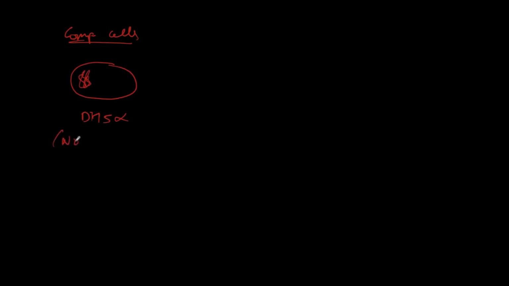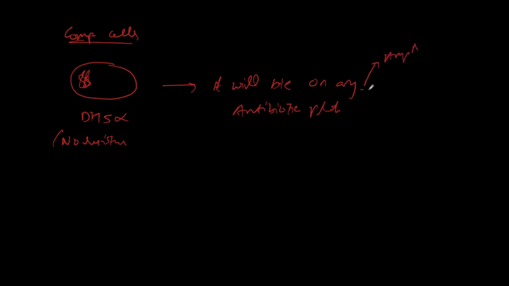DH5 alpha has no resistance, so it will die on any antibiotic plate. You can grow it on ampicillin, kanamycin, or tetracycline. It will die.